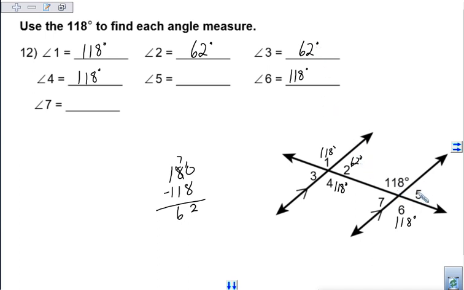And we know angle 5 is also 62 degrees because it makes a linear pair with that 118 degrees. And angle 7 is a vertical angle with angle 5. And it also makes a linear pair with that 118 degrees.